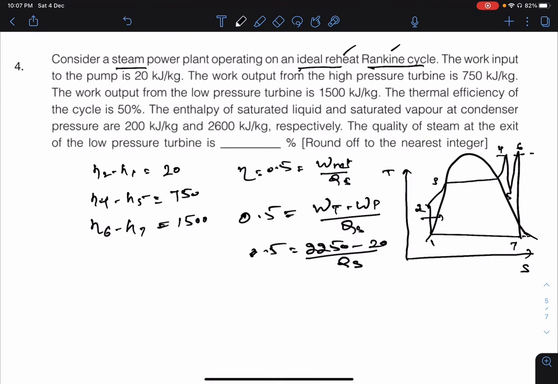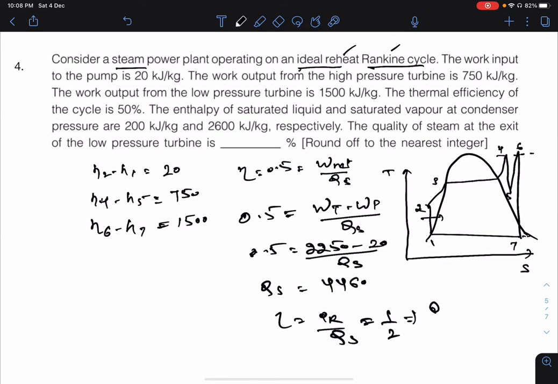So QS will come out as 4460, and efficiency is also equal to QR upon QS, that is 1 by 2.